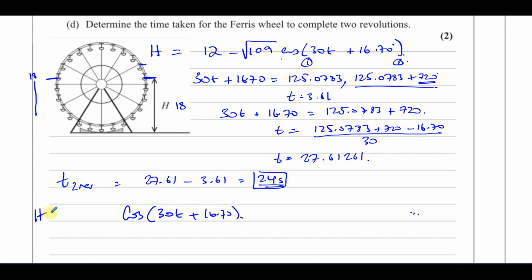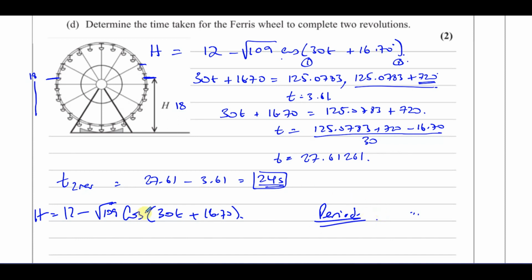Okay, you could also, I'm guessing, use the fact that you have this cosine 30t plus 16.70. All right, so h equals 12 minus the square root of 109 times that. Now, if you think about it, we want to find how many times this thing repeats itself, goes back to the same value again. So it's basically asking us to find the period of this function.